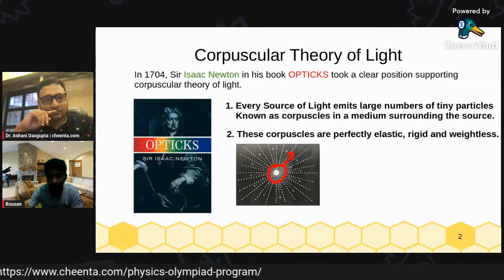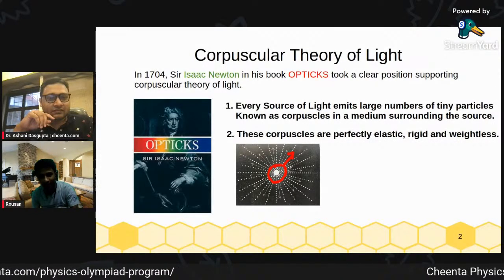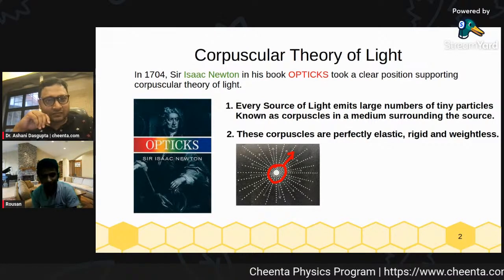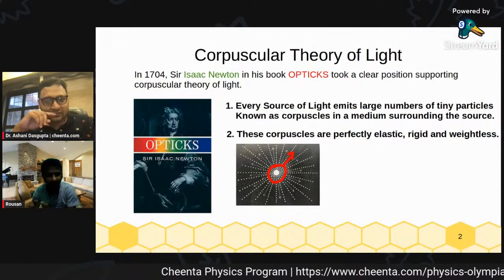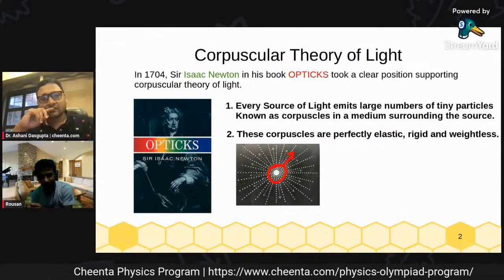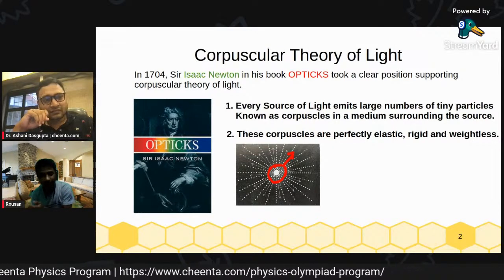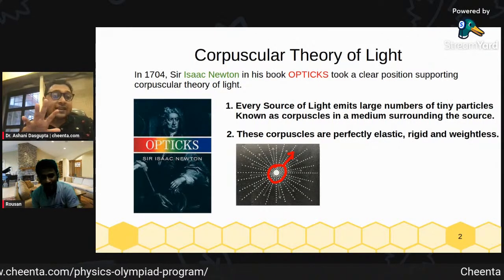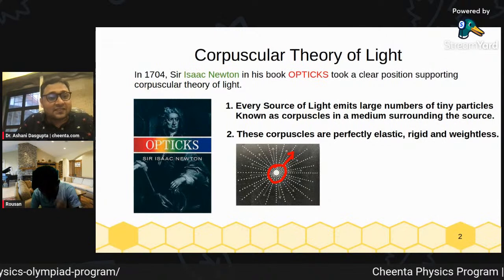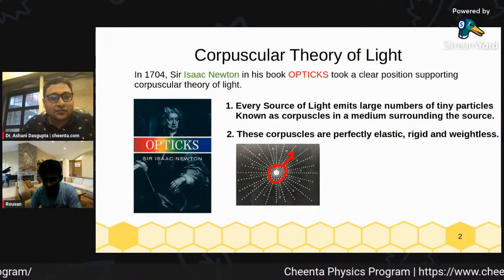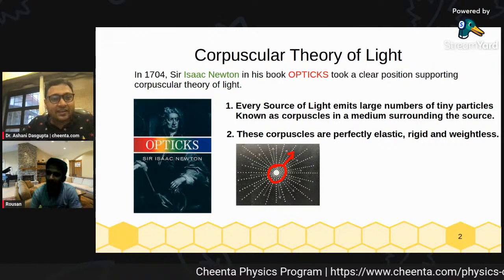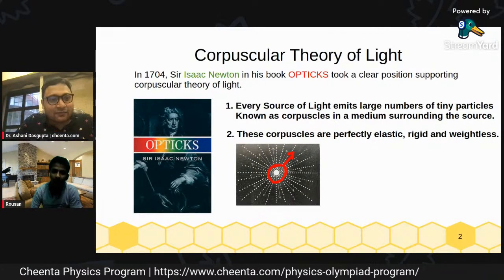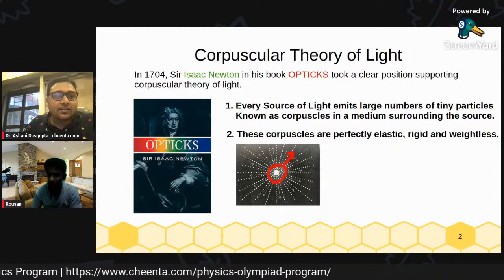The other thing he assumed is that these particles are perfectly elastic. I hope you are familiar with what we mean by elastic. That is, after a collision, whatever velocity it had, it will return with the same velocity, without any loss of velocity.